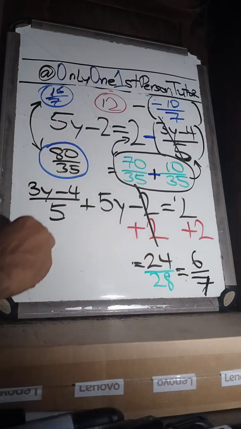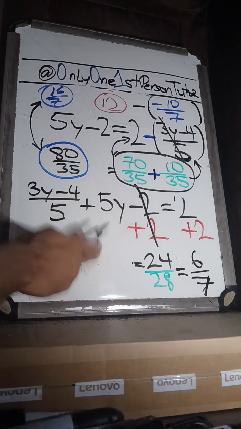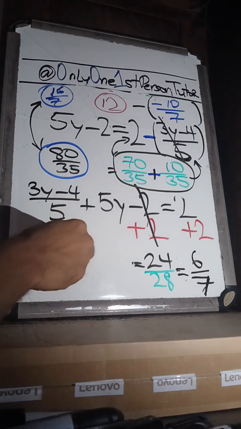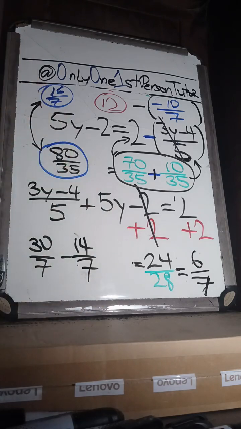So if we put that up here, we get 30 over 7. If we subtract 2 from that, this 2 over 1 times 7 over 7 becomes what? And then 30 minus 14 leads us to getting 16 over 7.